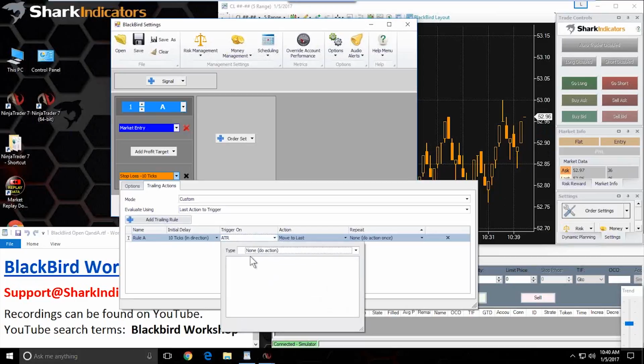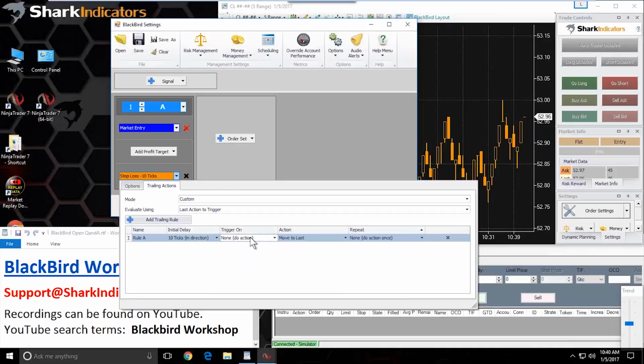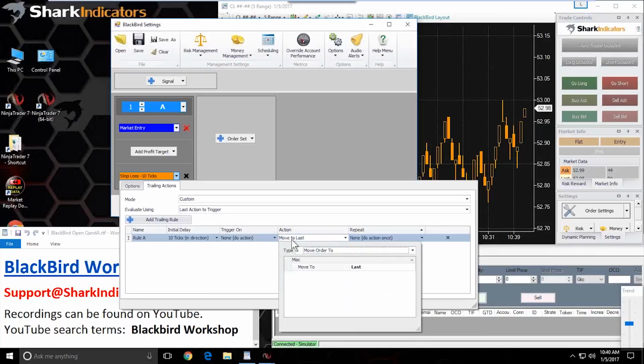And again, you don't have to have a trigger on. You could leave this as none. If there is no trigger event, then once the delay has been met, the action starts executing immediately.